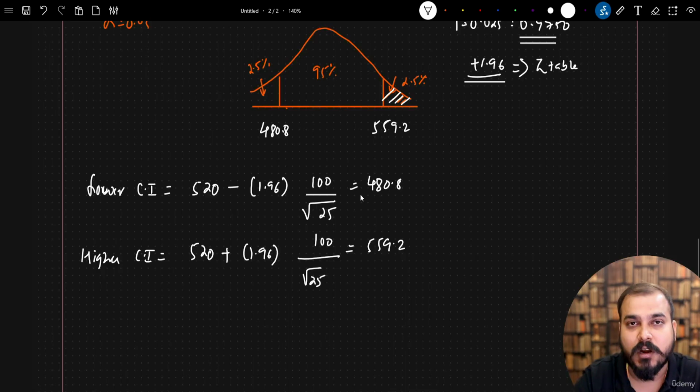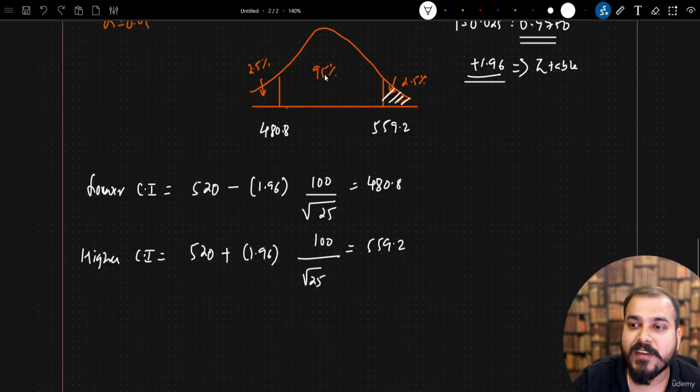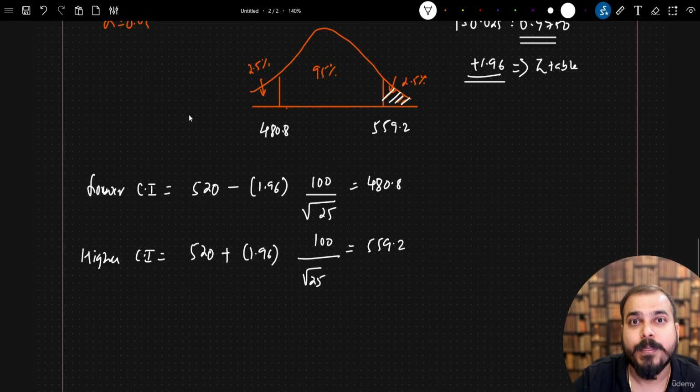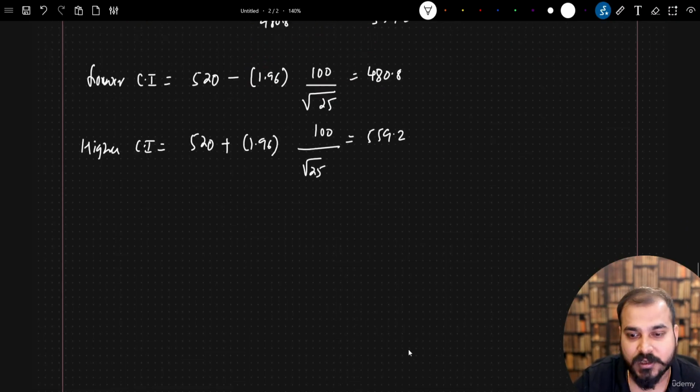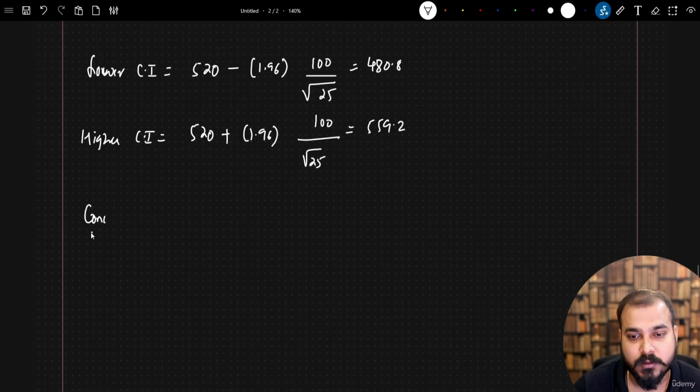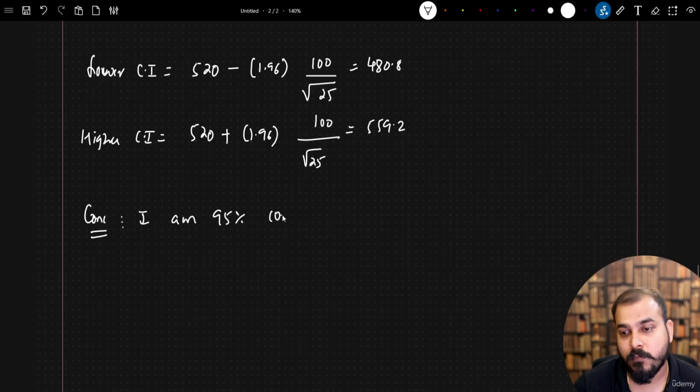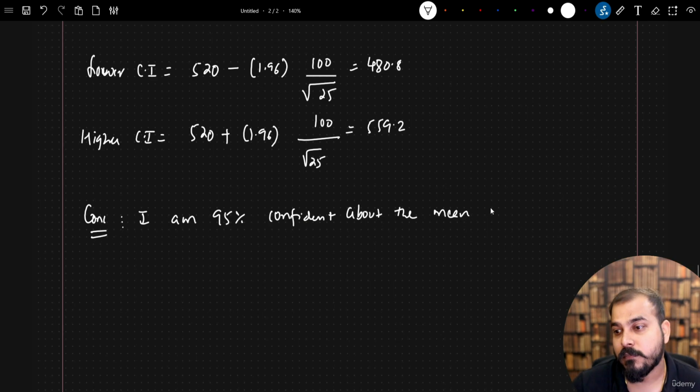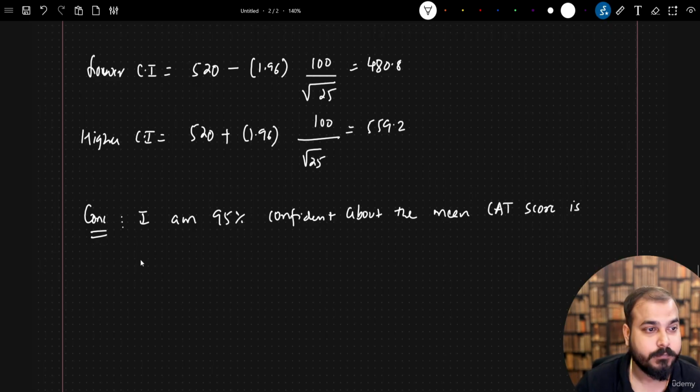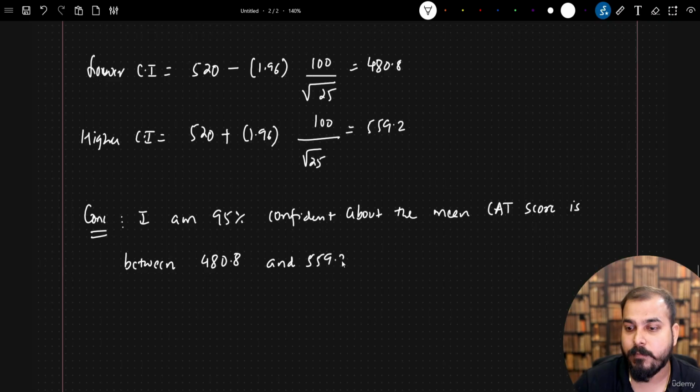If my value is within this confidence interval, in this region, then we are going to accept the null hypothesis. If it is away, I'm going to reject the null hypothesis. So finally, in conclusion, I can say that I am 95% confident that the mean CAT score is between 480.8 and 559.2.